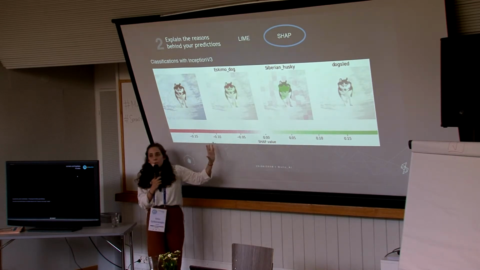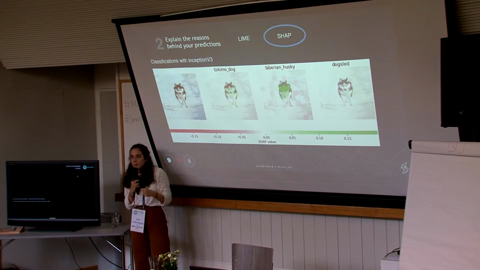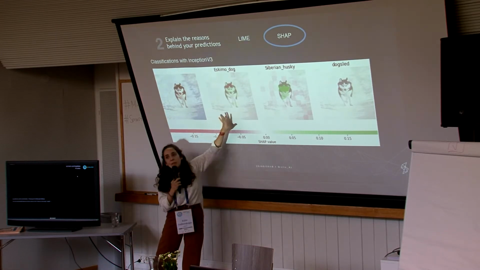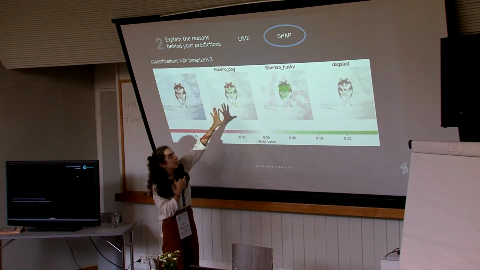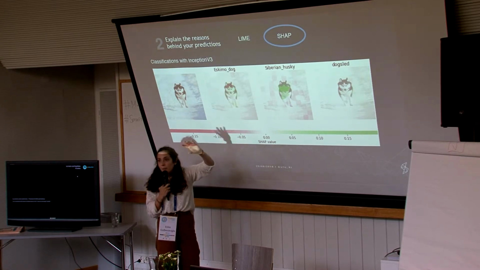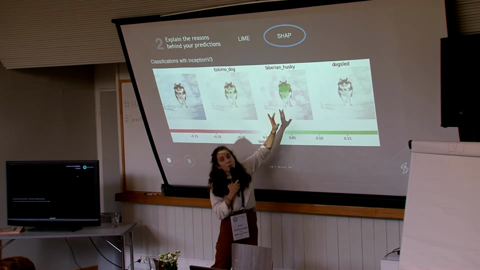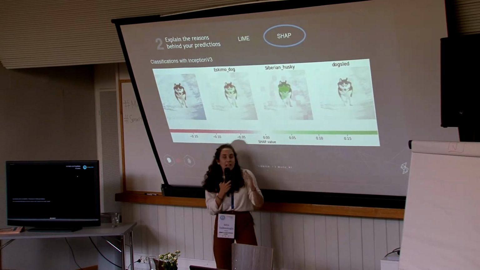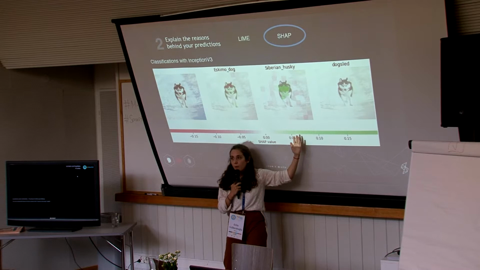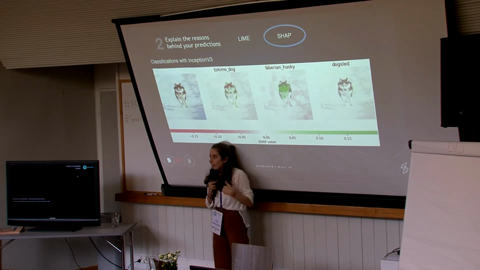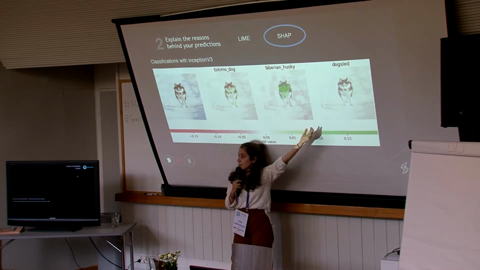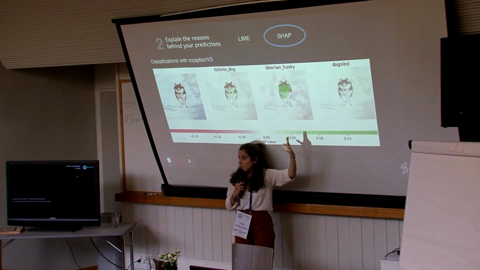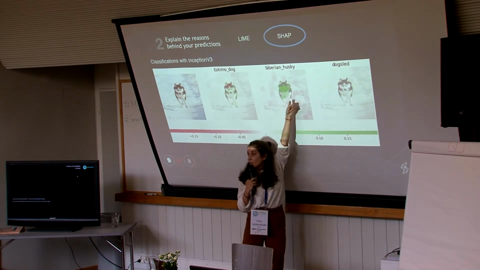Then when I use SHAP, I see that for this image to be an Eskimo dog, the explanation is all over the place. But when I look at my model's second prediction, the explanation is on its face. So even though this is the second prediction of my model, when I use SHAP, I can say that yes, this makes sense because my model is making this decision by looking at this dog's face.